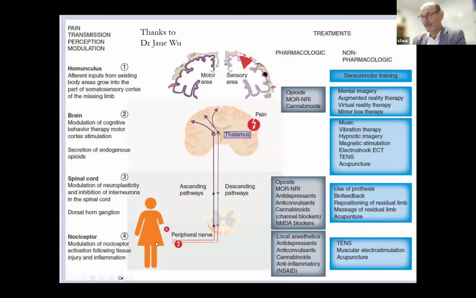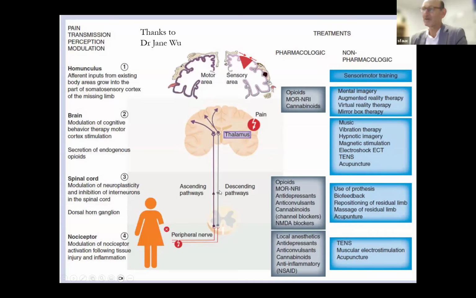Then with the peripheral nerve cut, it'll go up into the spinal cord and then all the way up to the thalamus and then to the sensory cortex. And there are a whole variety of treatments here, including opioids and cannabinoids, but there are also non-pharmacological treatments such as mirror box and music therapy and hypnotherapy.